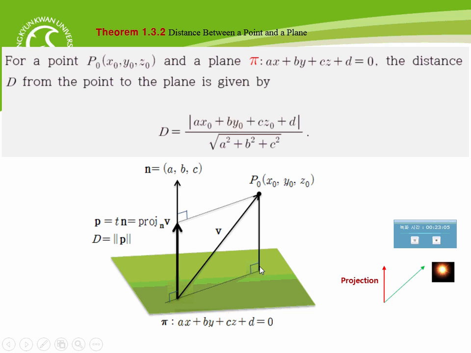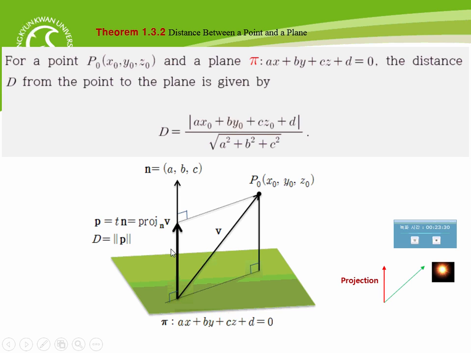But fortunately, we just learned the concept of projection. If we find the projection of this vector onto the normal vector of this plane, A, B, C, then this vector and this vector have the same distance, isn't it?